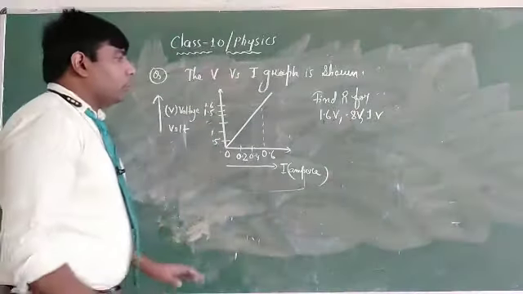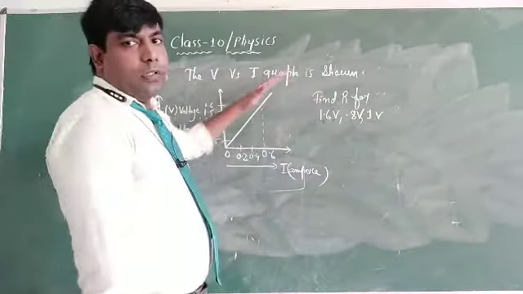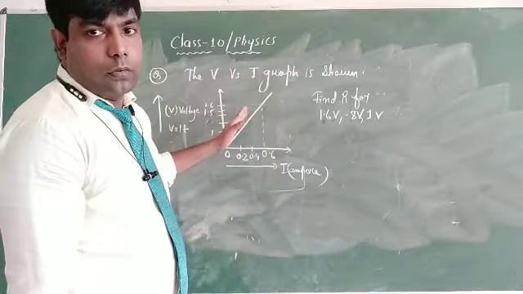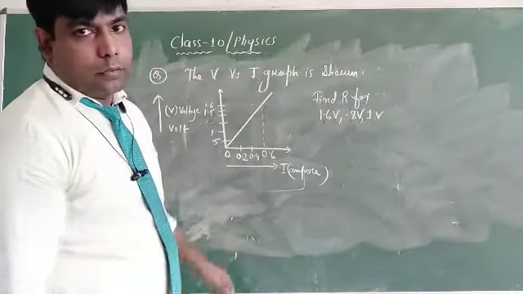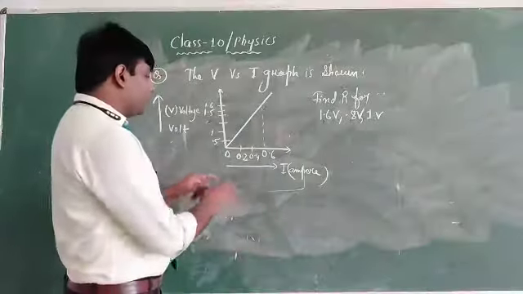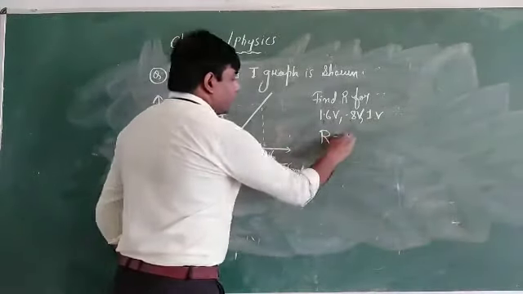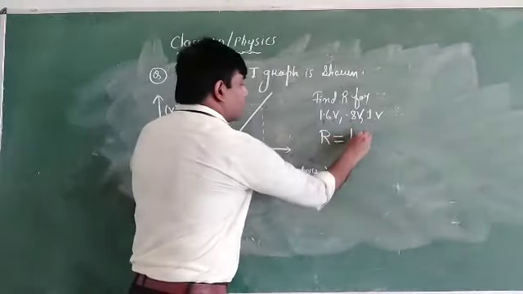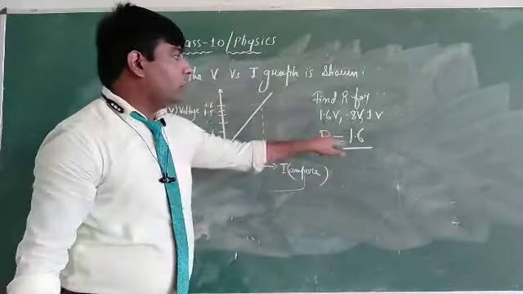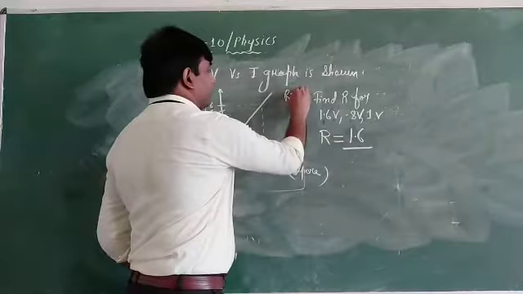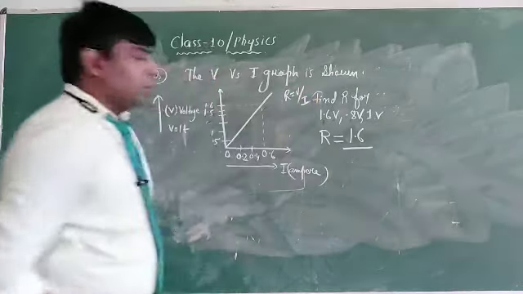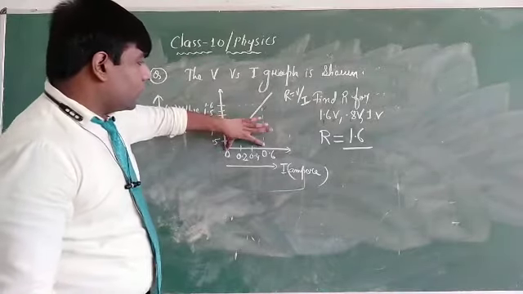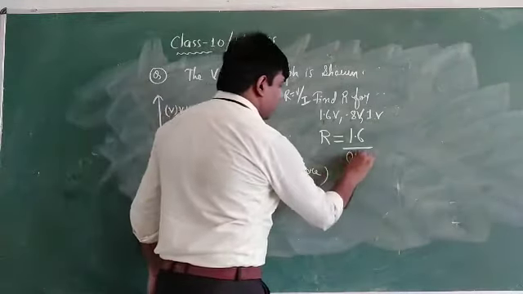Means you have to do only one calculation because this graph is following Ohm's law. It is a uniform graph between V and I. So see what will happen. R will be, let us say, for 1.6 volt, R equal to V by I. Corresponding to 1.6 volt, what is the current? 0.6.